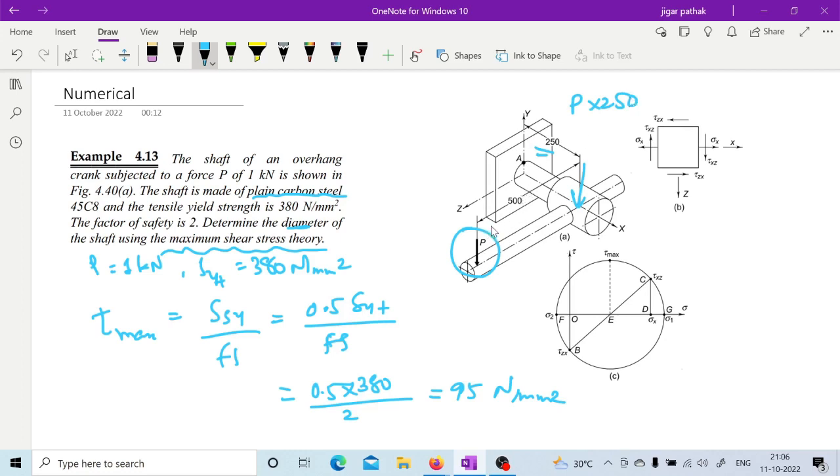For torsion, it will be this other distance. This will be the bending moment, because you are considering this point A. So the force P is going to have bending moment equal to P into 250, and the torsional moment MT equals P into 500.